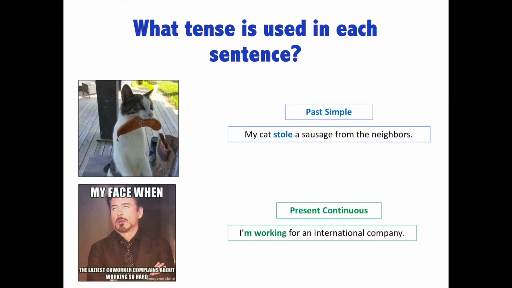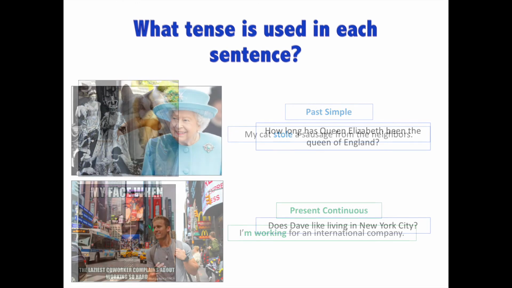Here are the answers. Stole is the irregular past simple for the verb steal. So this sentence used past simple. I am working is present continuous. Am is the be verb, and then you have your verb ing, working.